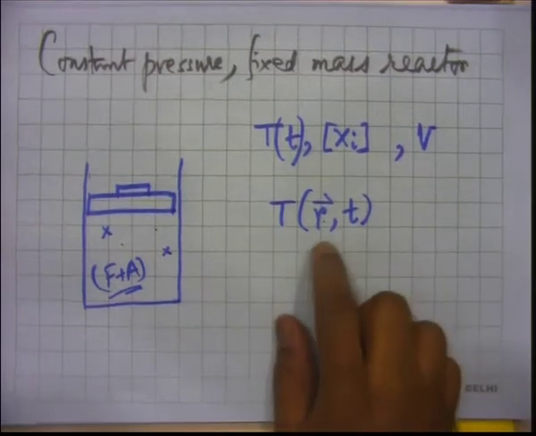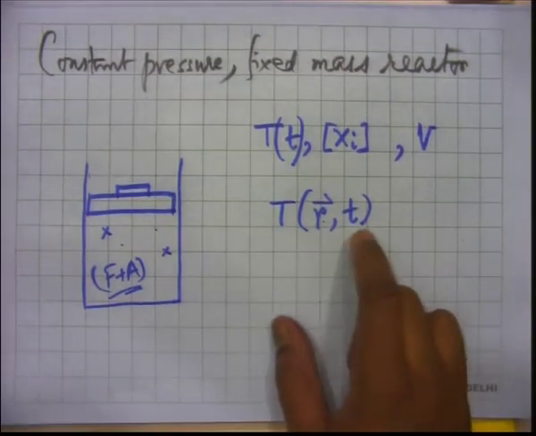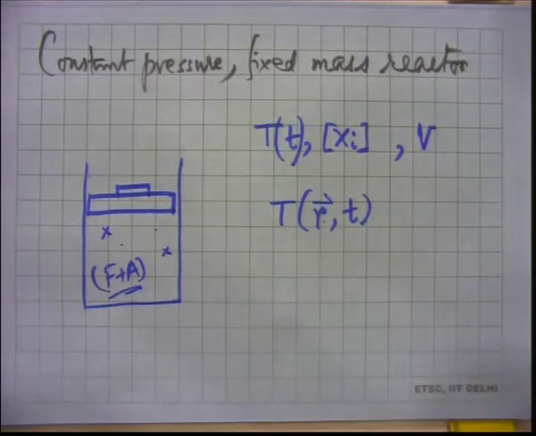So we understand this, that it will be a function of the spatial variable and it will also be a function of time. But we are trying to do the simplest possible combustion problem now, because we have just developed our fundamentals in combustion. We are still testing our knowledge with respect to simpler problems.